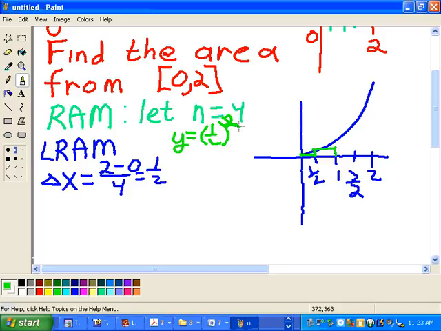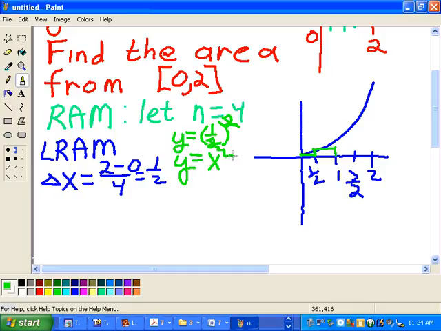So will you be able to see 1/4 for an answer? This is a y, this is a 2, that's a 2, because the graph is y equals x squared. So the height is a quarter? So the height on this rectangle is 1/4.